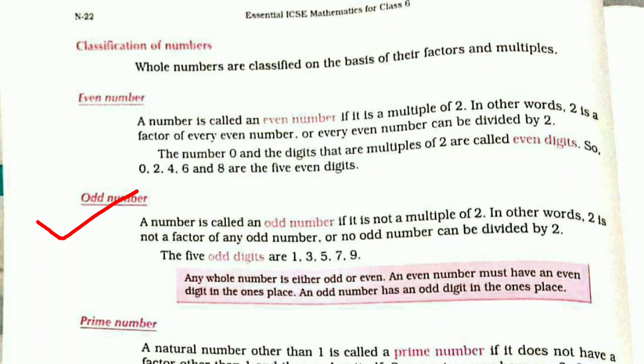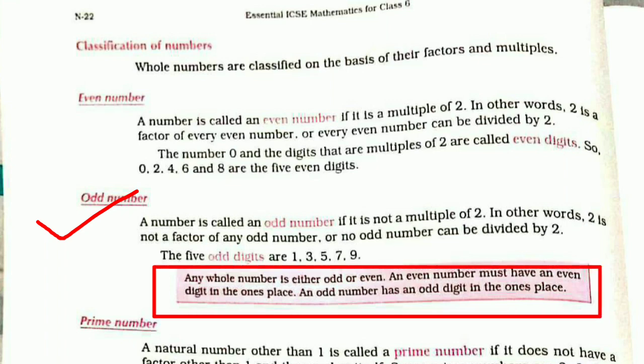Some examples are 3, 5, 7, 9 and so on. These are odd numbers. One thing you should keep in mind is that any whole number is either odd or even. An even number must have an even digit in the ones place. An odd number has an odd digit in the ones place.